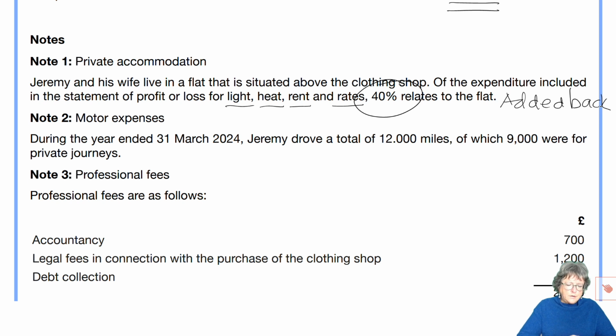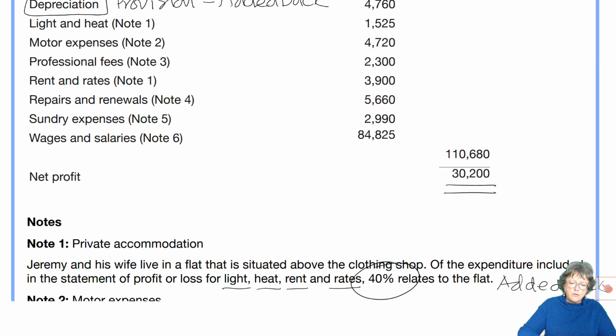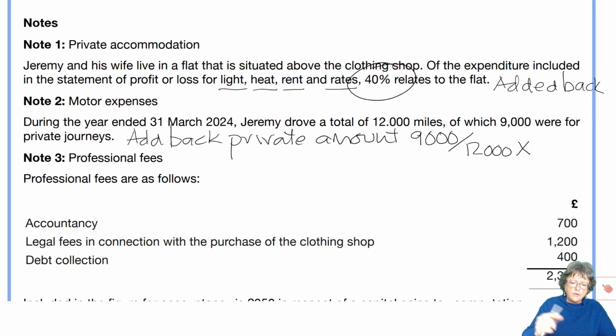During the year, Jeremy drove 12,000 miles, of which 9,000 were private. Okay, we will need to add back the private aspect. And we'll have to do some calculations with that. So that would be 9,000 divided by 12, which is the total, times the expense. Let's check the expense. Motor expense is 4,720.